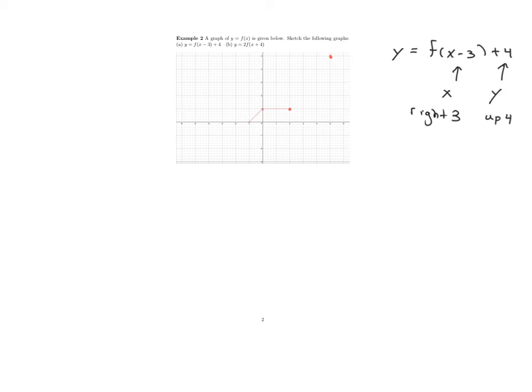So here is 0, 1. So it is going to go, let's see, starting here, it's going to go 1, 2, 3 places this way, and then up 4. So we end up at 3, 5.